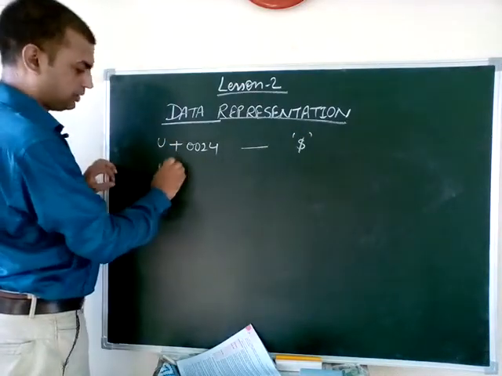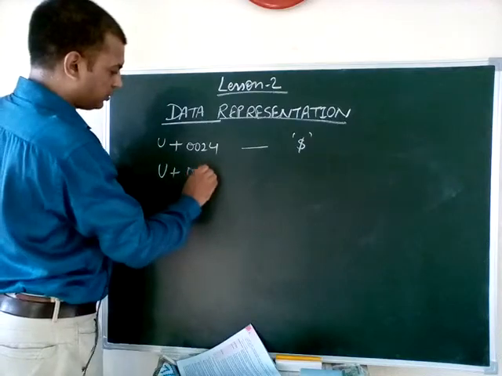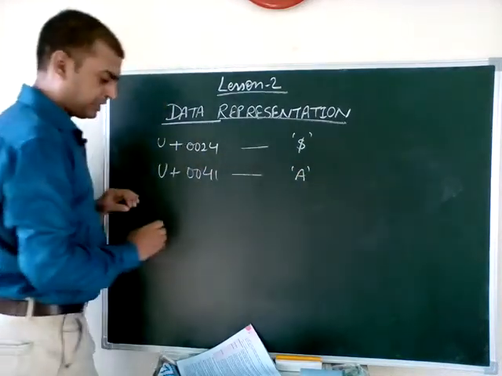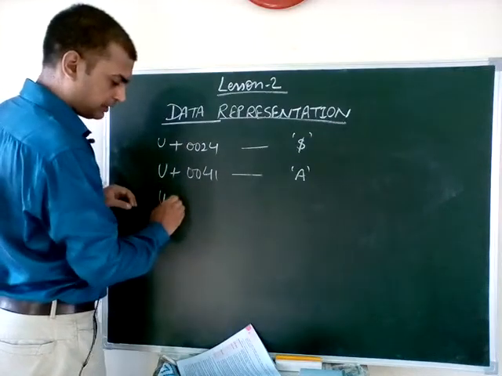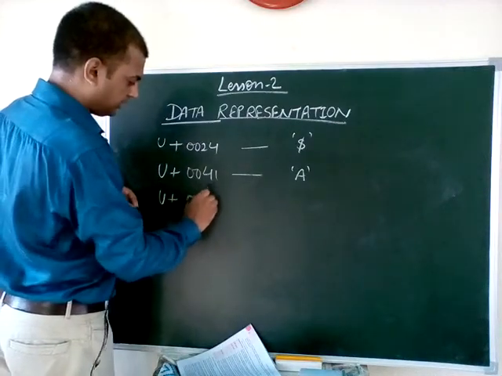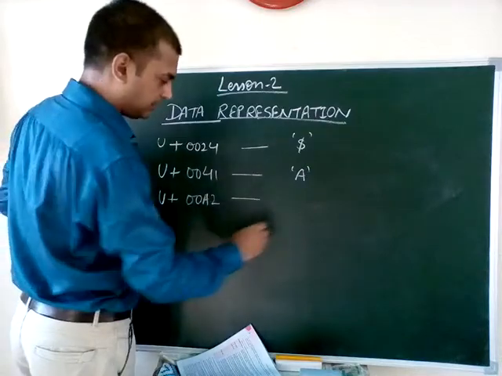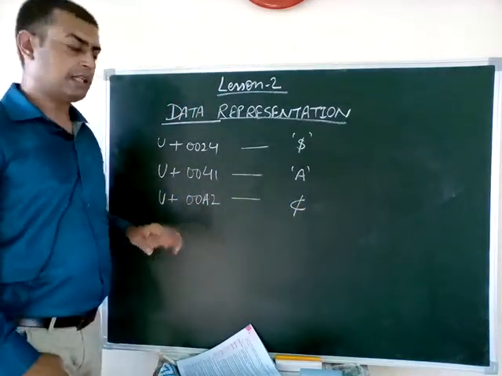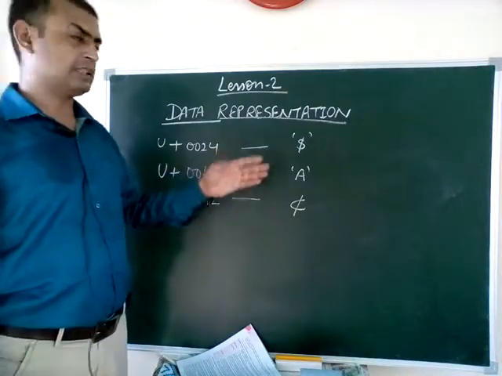If we are using U+0041, it means it is representing A. If we are using U+0082, this means phi.